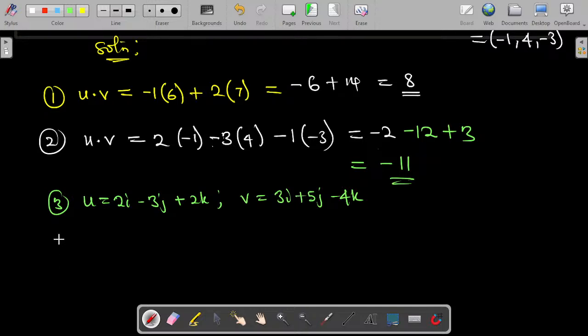Let me still go down and try to give another one. All right, let's see this one. Here v is equal to i plus 6j minus 2k, and our u here is equal to minus i minus 2j plus 2k.